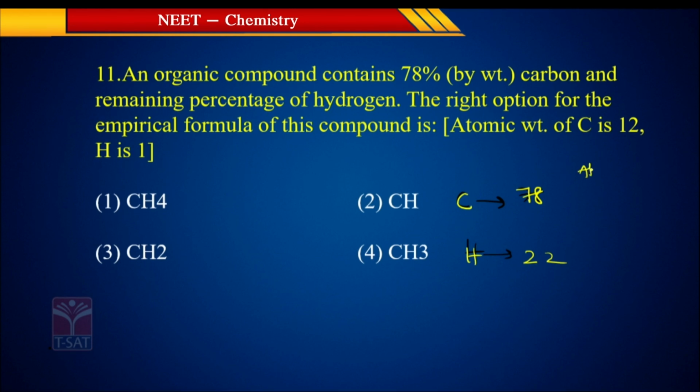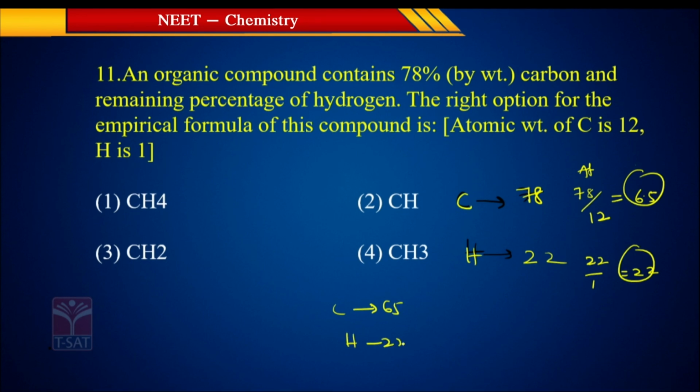First of all, you have to find the atomic ratio: percentage by atomic weight. 78 by 12 will be 6.5, right? And 22 by 1 is 22. So this is the atomic ratio.